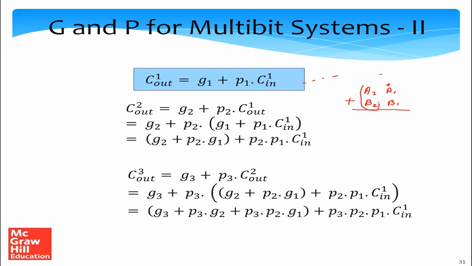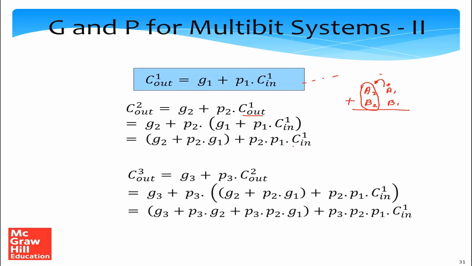This is the equation for the first bit pair. If I consider the second bit pair, the carry that is coming out, C out 2, is G2 or P2 and the carry that is coming out of the first bit pair. Then I can do a little bit of algebra and replace C out 1 with this expression, and I just rearrange the terms.